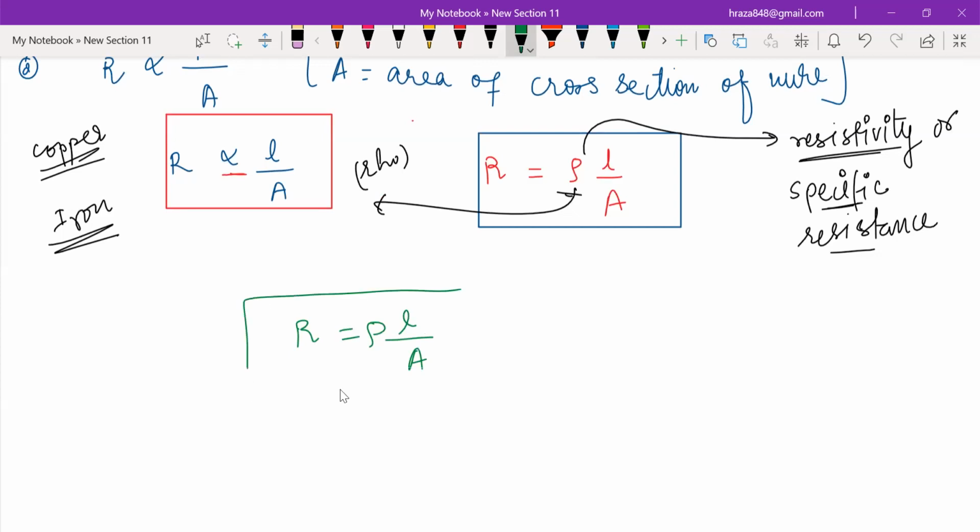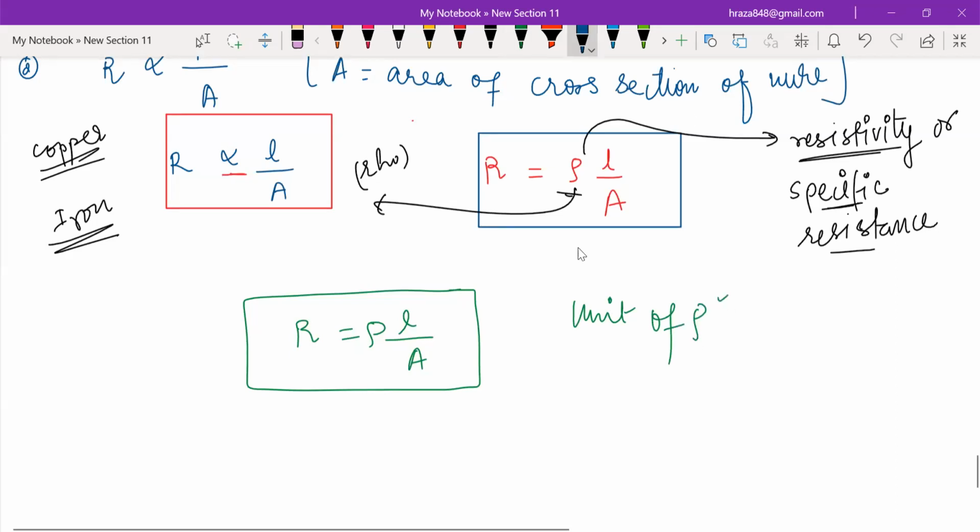Can you tell me the unit of resistivity rho? Is it also ohm? No. You need to calculate it before saying. I'm going to write the formula from this.